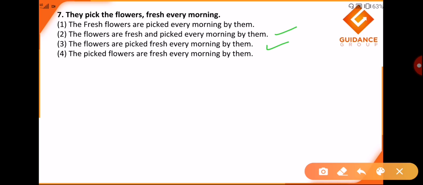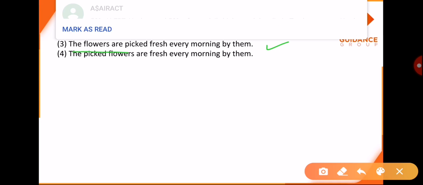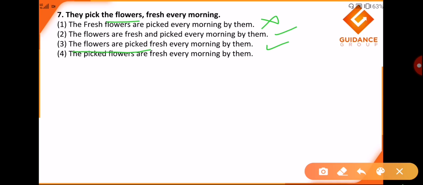Now the fresh flowers will not come because in this case they say they pick the flowers, comma, fresh every morning. So my subject is the flowers, so only the flowers will come at the start. So the flowers are fresh and picked, not they pick the fresh flowers, they pick the flowers. So the flowers are picked will come. Yes or no? The fresh flowers are picked, the flowers are fresh.